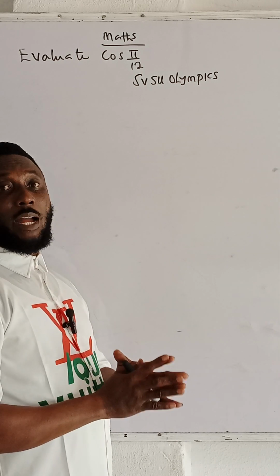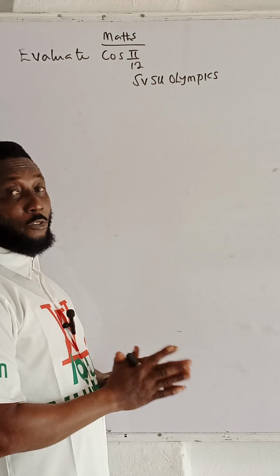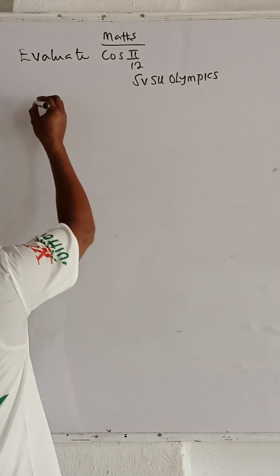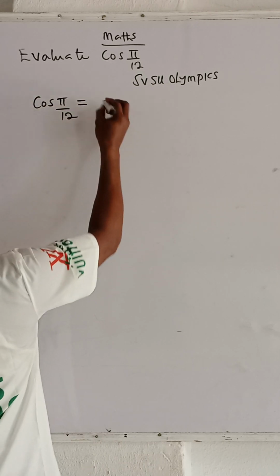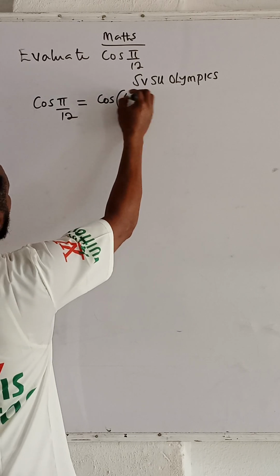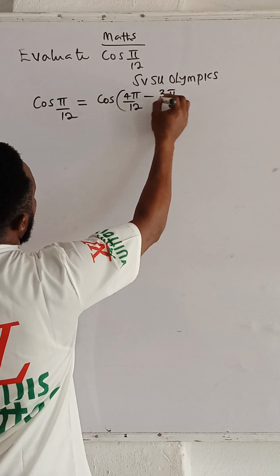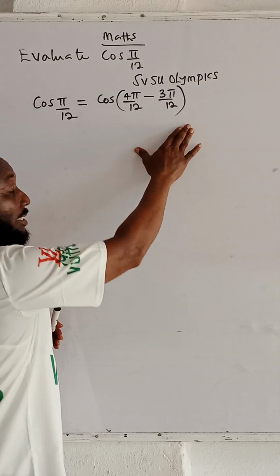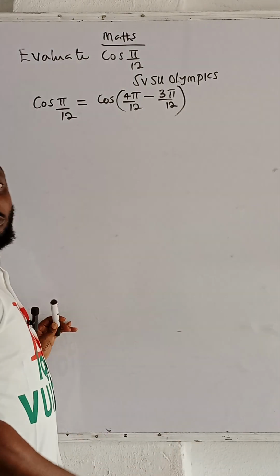So if I express pi on 12 as a fraction, I'm going to have two fractions. So that will help us. So the cosine of pi on 12 can be written as the cosine of 4 pi on 12 minus 3 pi on 12. Now the choice of 4 and 3 is actually to allow us to get a special angle.